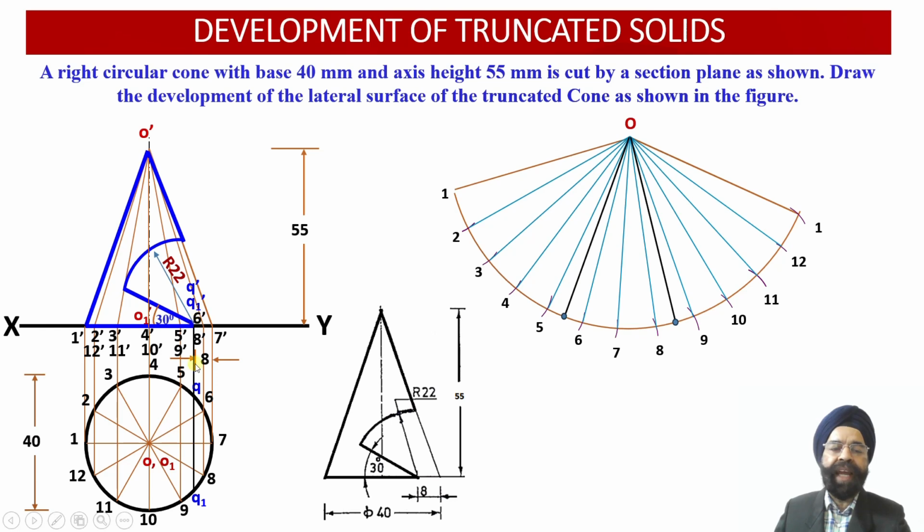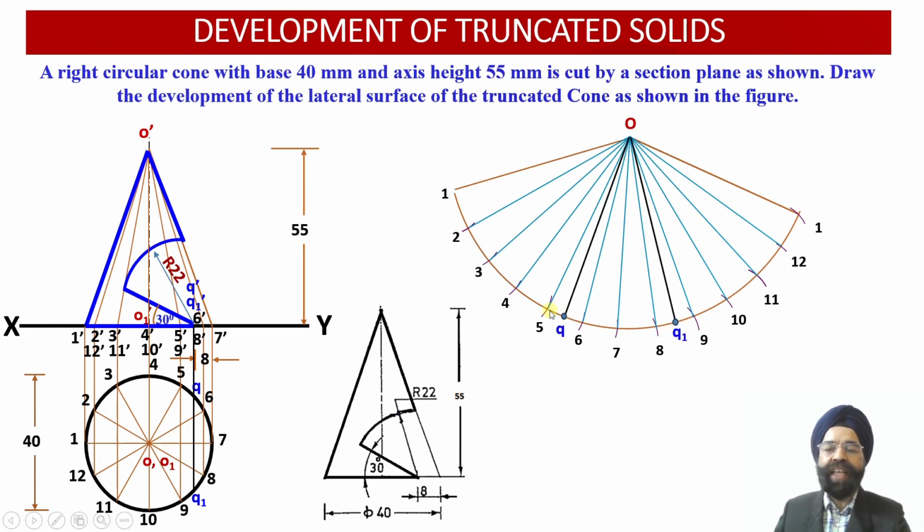So we have obtained that as we are going to move from point 5 to 6, at this much distance from point 5, Q point will be located over here. Similarly, at this much distance from point 8, as we move along point 8 to point 9, point Q1 will be located over here between the points 8 and 9. So we have marked these points Q and Q1 over here.